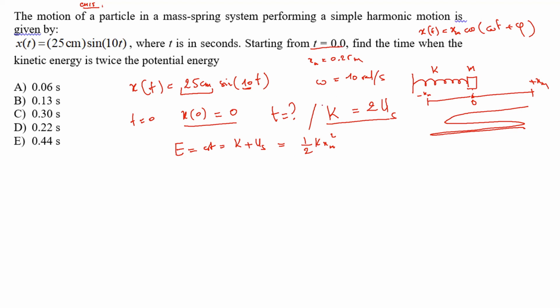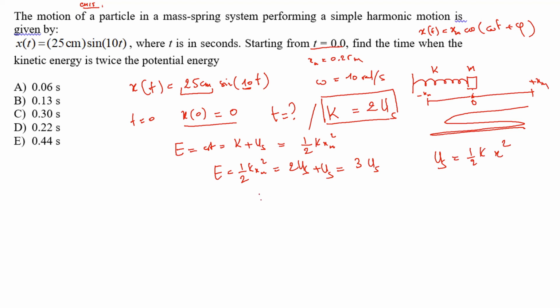Now, the second thing I know is that K is 2 times US. So I'll say that E, the mechanical energy, which is half k x max square, is equal to, instead of writing K, 2 times US, because that's the condition, plus US. This gives me 3 US. But you remember, US, the spring potential energy, is half k times the elongation at that point squared.